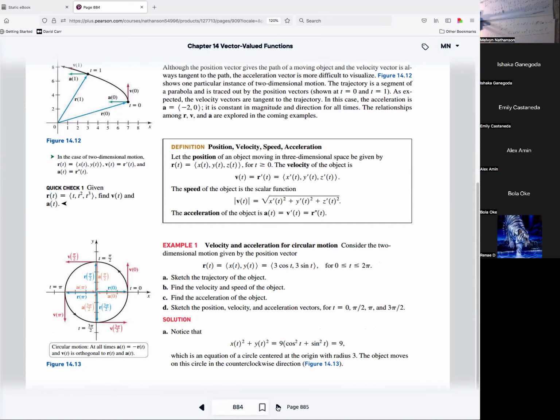So if you're given a vector valued function and told to find the position, the velocity, and the acceleration, the position is the function, the velocity is the first derivative of the position, and the acceleration is the first derivative of the velocity, which is the same as the second derivative of the position.